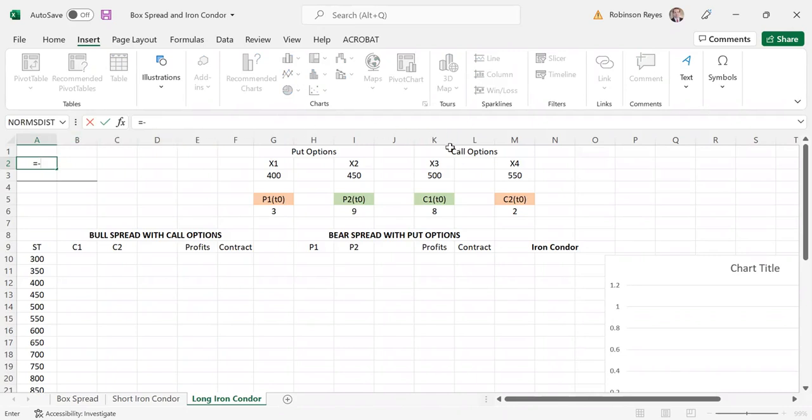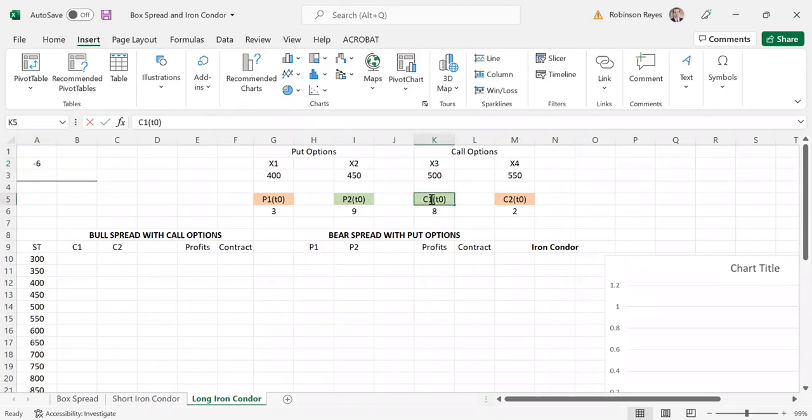Let's look at the columns K, L, M, where we have the information for call options. We will buy the low strike call, which is this premium, and then we will sell the high strike call, which is this premium, by the way. So this is an outflow, right?